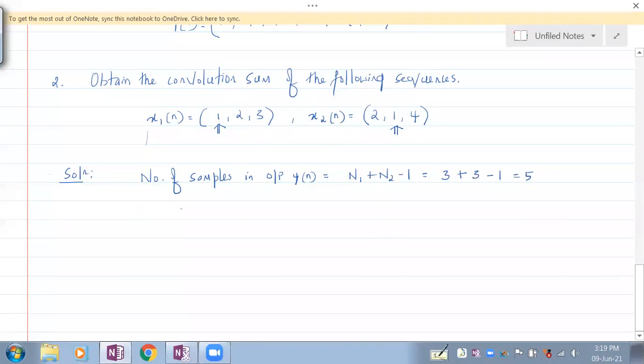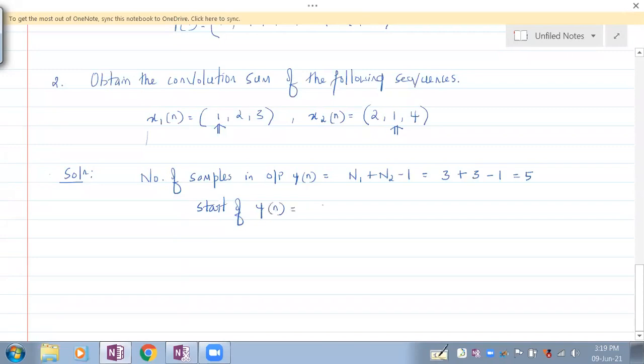Then the start of y of n, where it should start.